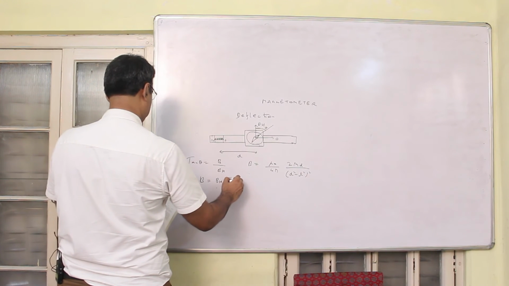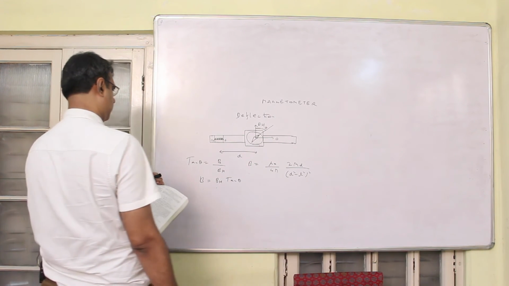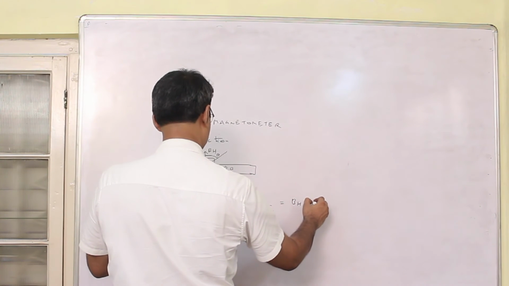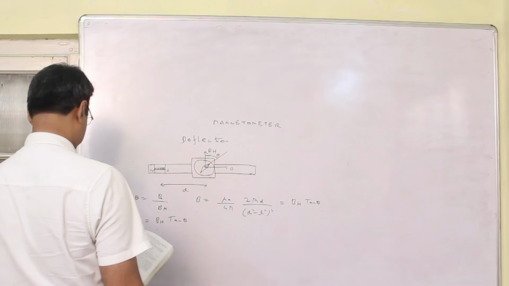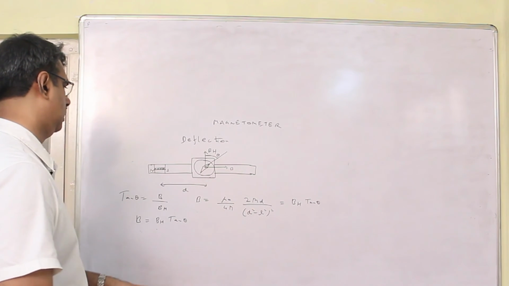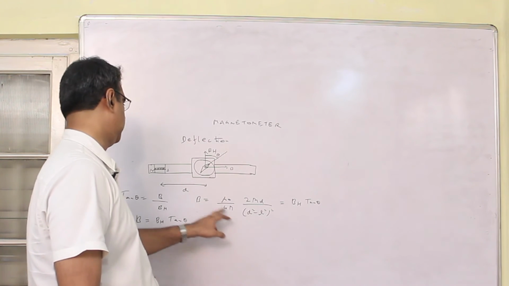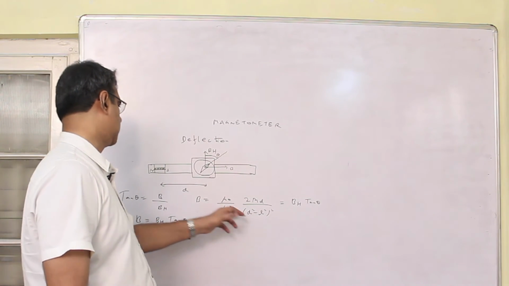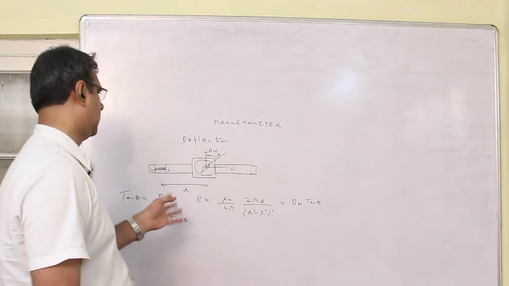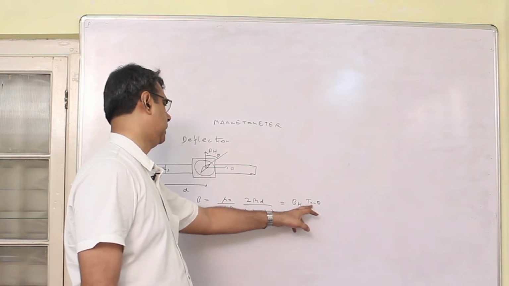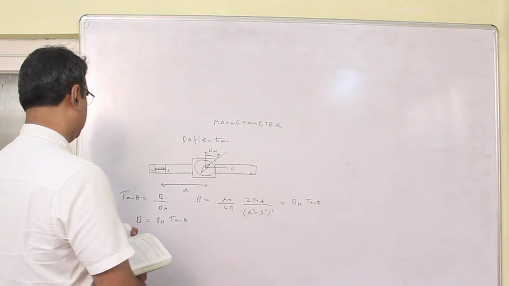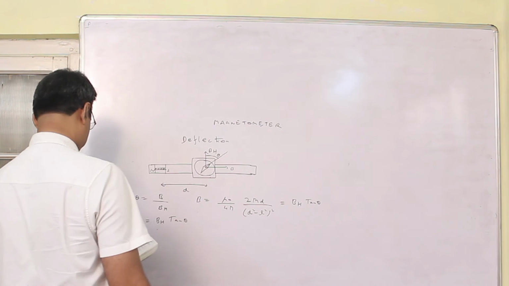So B is equal to BH tan theta. We will equate this to BH tan theta, and since all other parameters are known, mu naught by 4 pi is a constant, we know D, and L, of course, the length of the magnet is 2L. BH is known for that particular region of the Earth, and theta from the scale, so we can find the magnetic moment.